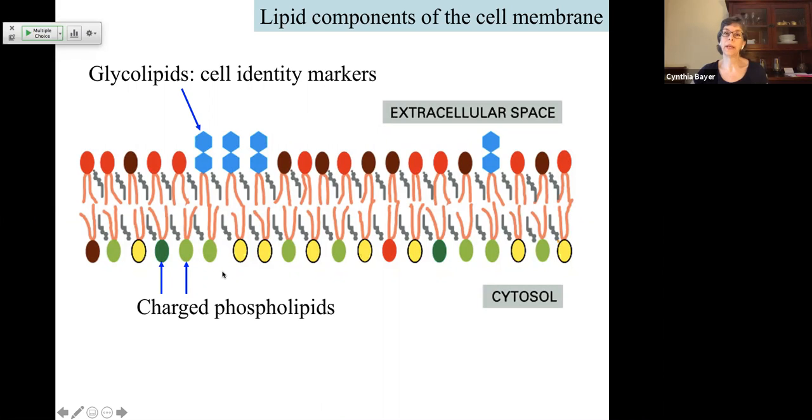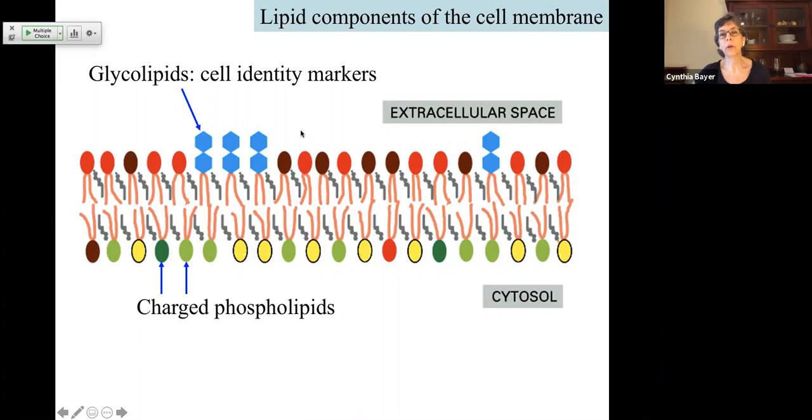We'll see in later chapters, when we look at signal transduction, that some of these charged molecules that have particular groups attached to them will interact with cytoplasmic components and change the behavior of the cell. So we have these sugars on the outside, glyco again meaning a sugar component added to a lipid.